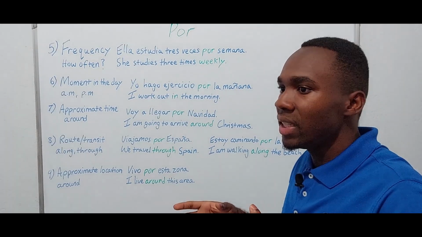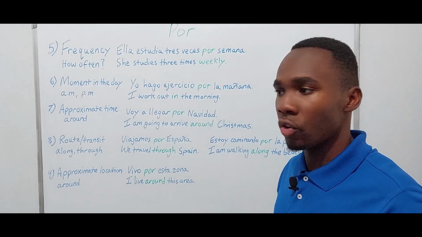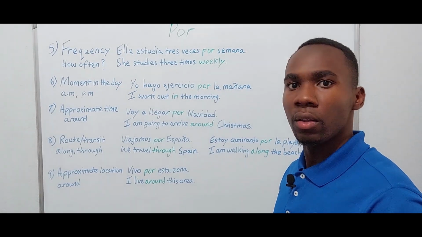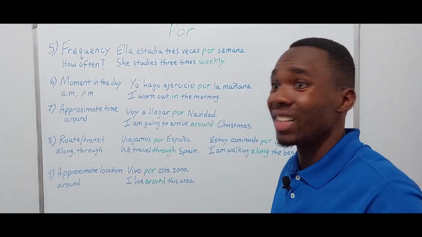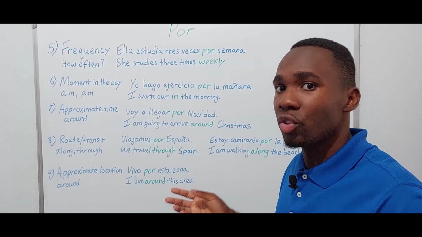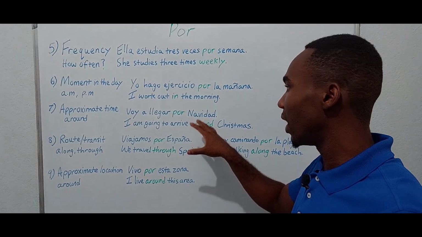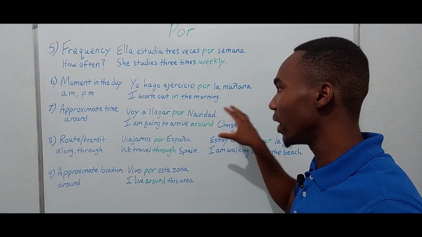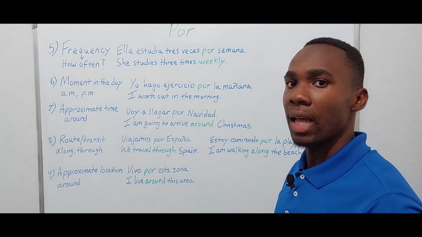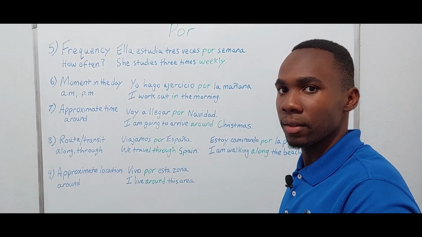So, around means that it is not precise. So, around Christmas, what do you mean? 3 days before Christmas, a day before Christmas. When, right? So we don't know exactly when you're going to arrive. But saying por Navidad, this means that it's going to be around Christmas time, right?